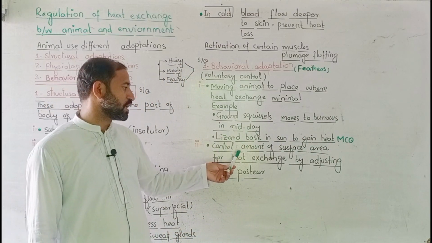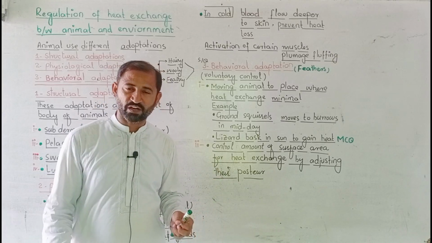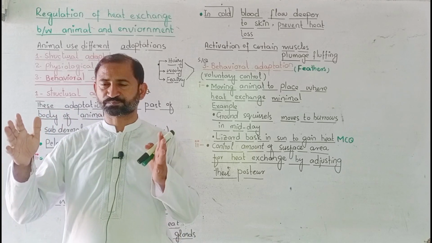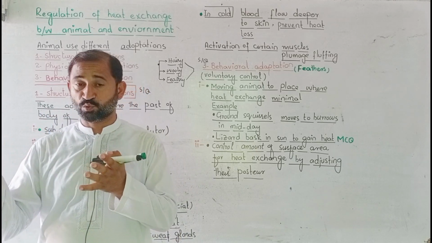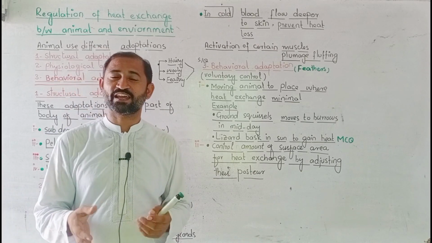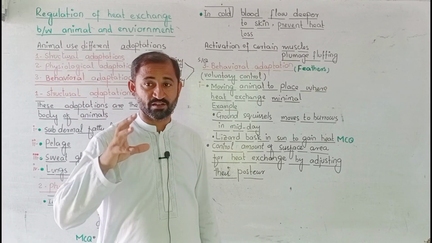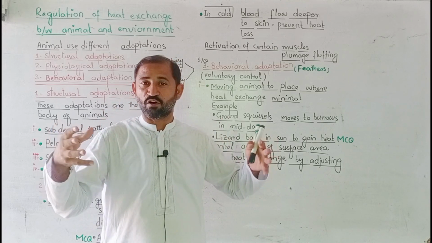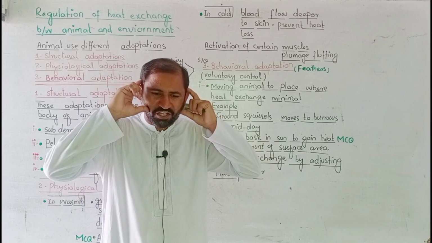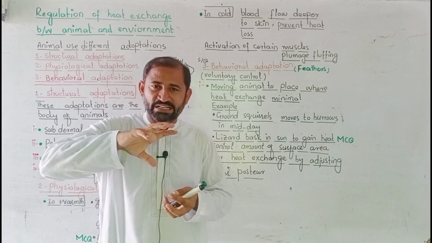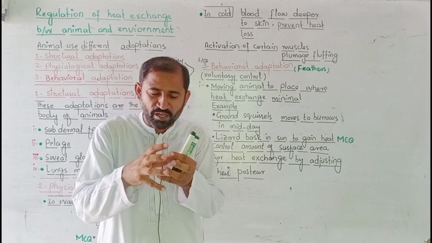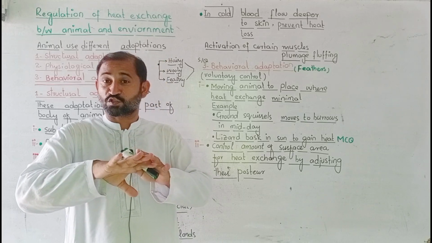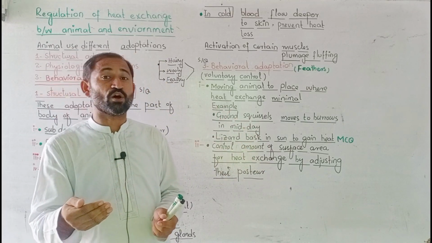And the last one is controlling the amount of surface area for heat exchange. For example, you can see dogs and cats during the cold season. In the morning, you see that the dog or cat hides its head between its legs, and makes itself tiny like a ball so that its body surface is not exposed so much to the outer environment.